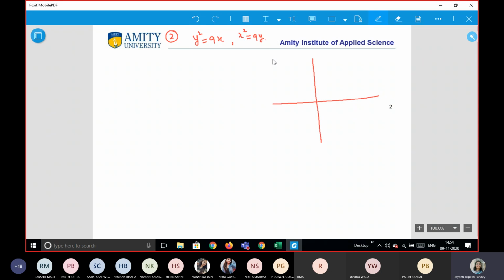See, one curve is spreading: for each x you have 2 values of y, one curve. And the second curve is for each y you have 2 values of x. So it's like this. Okay.